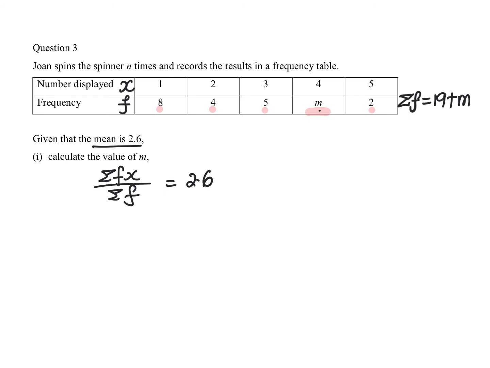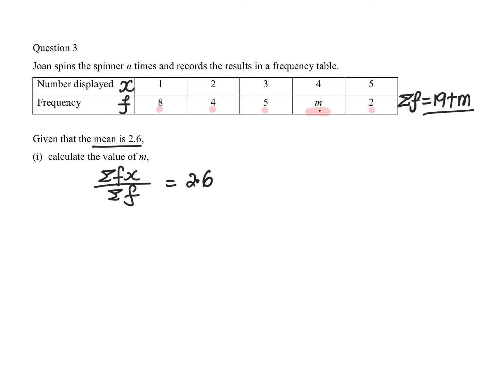We are going to work a little bit with decimal places. I already found my total frequency over here, which is m plus 19.